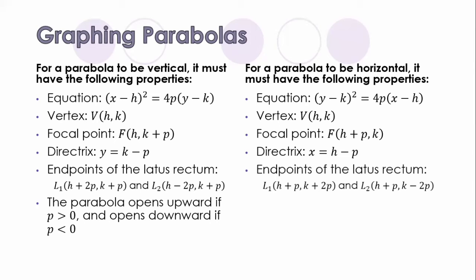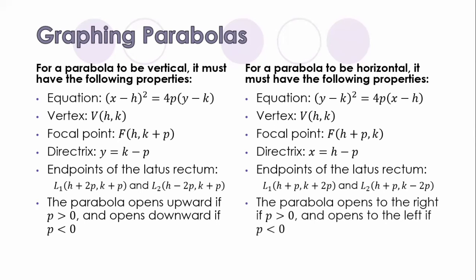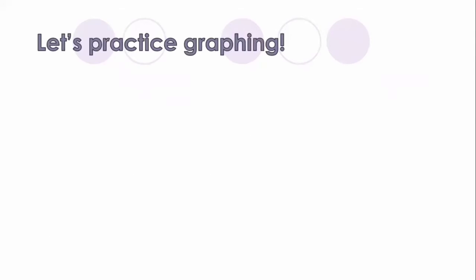Endpoints of the latus rectum, L1 is (h + p, k + 2p), and L2 is (h + p, k - 2p). The parabola opens to the right if p is greater than 0 and opens to the left if p is less than 0. Let's practice graphing.